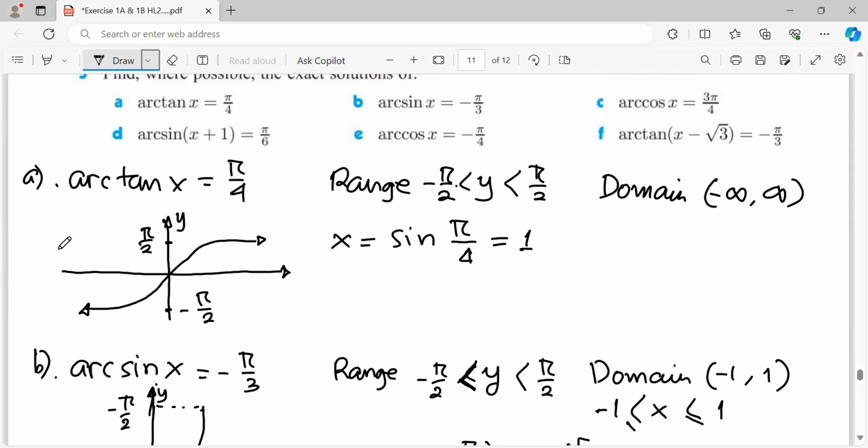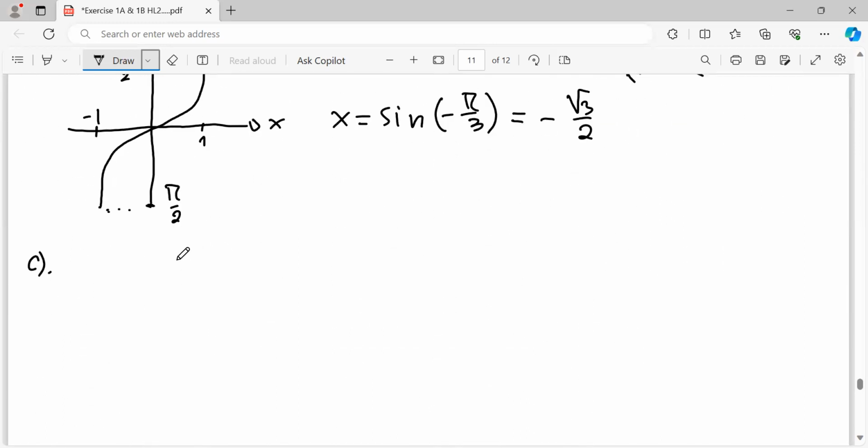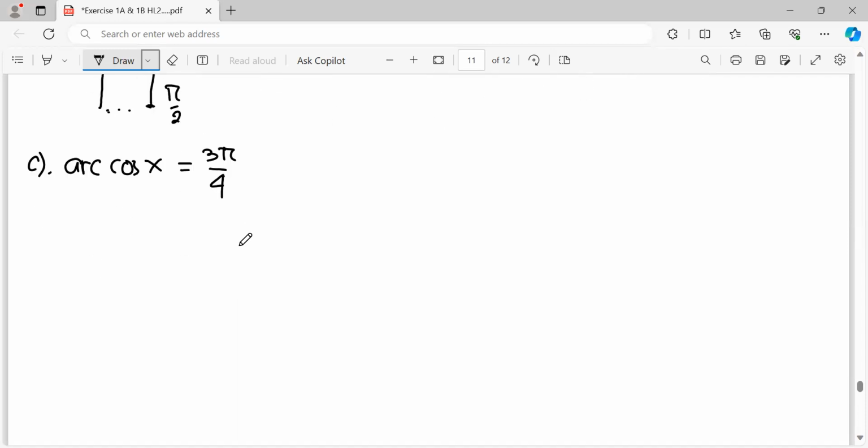C. Okay, arc cosine x equals 3/4 pi. I will sketch arc cosine.